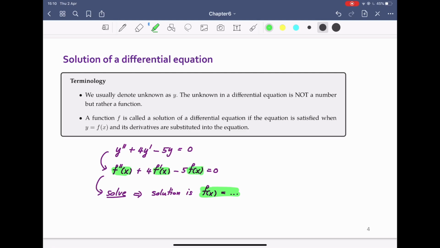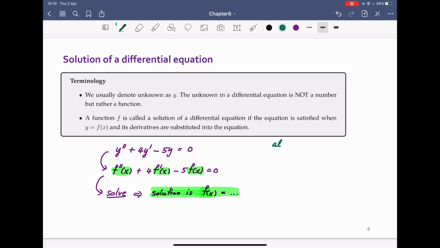You need a solution f(x) such that if you take the derivative 2 times, plus 4 times the derivative 1 time, minus 5 times that f(x), it goes to 0. That is what you want. So you can see that the solution for a differential equation is always a function, not just a number, compared to the world that you learned with algebraic equations.